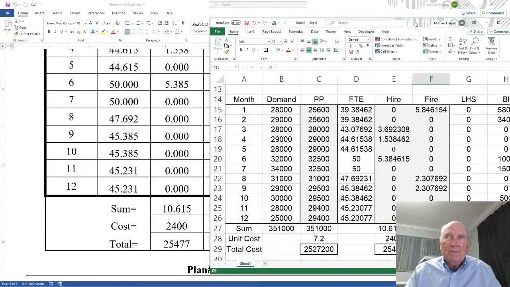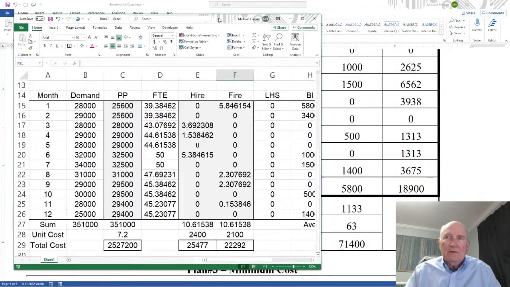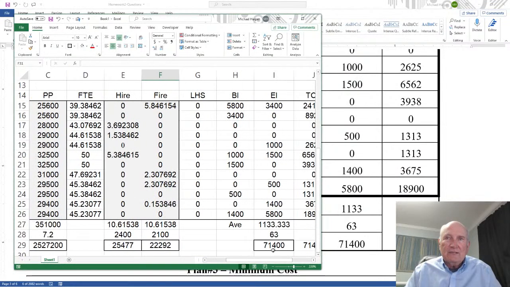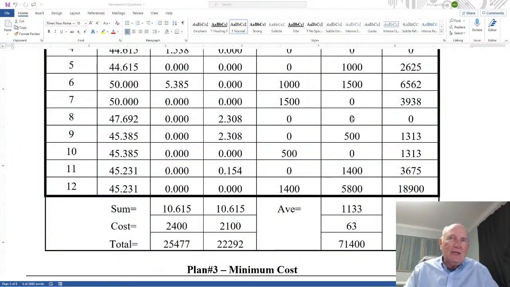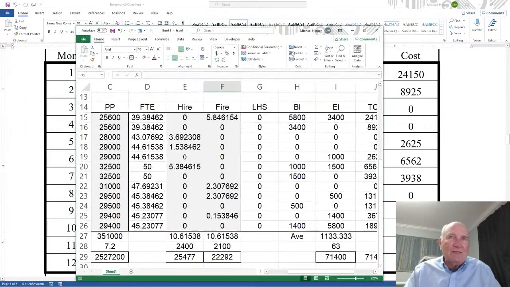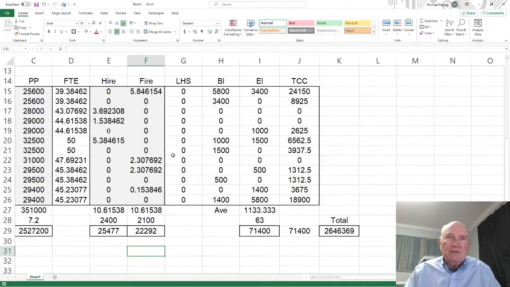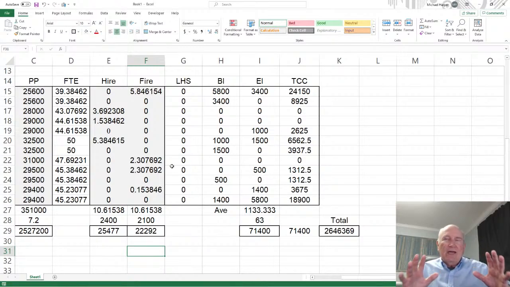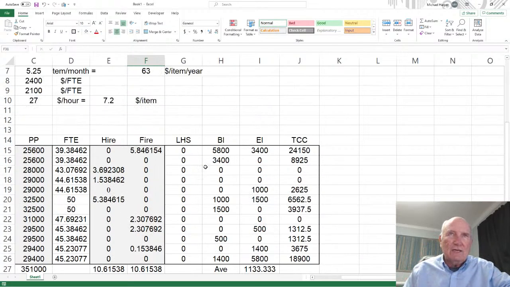It's all there. And over here we have 71,400. Yep, it's there. So we did it. That's what I intended. This is in the homework, so I wanted you to be able to get this spreadsheet, and now you have it. Now you know how it works.